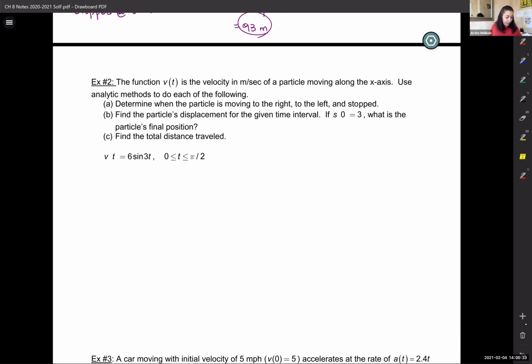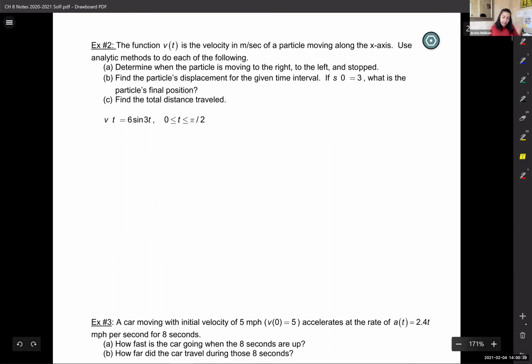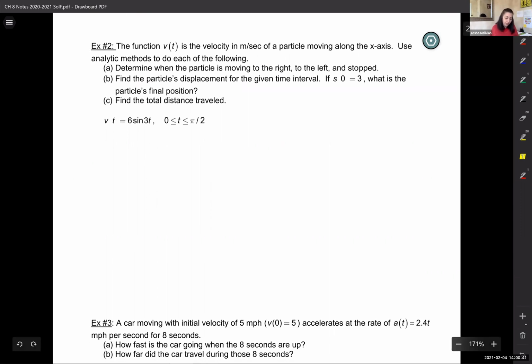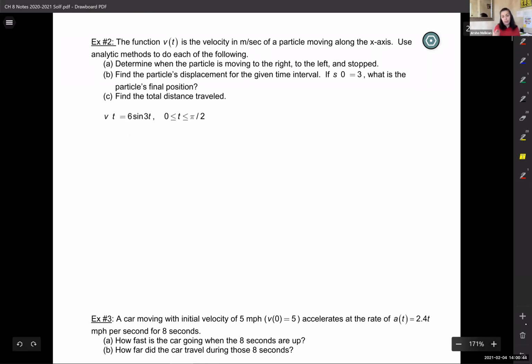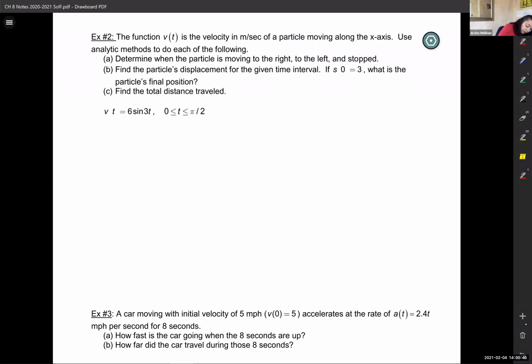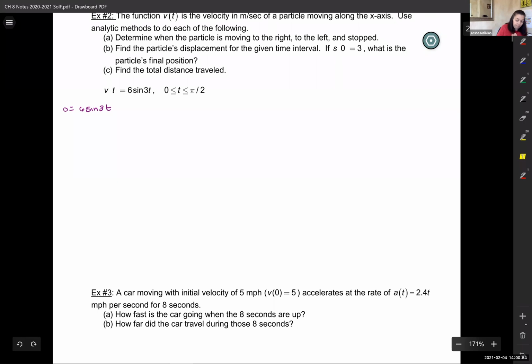Again, V is the velocity in meters per second. This time we have a trig function for the velocity. So again, we want when it's moving to the left, right, and stopped. So I take V of t and set it equal to 0. So 0 is sine of 3t. And now here's the question.